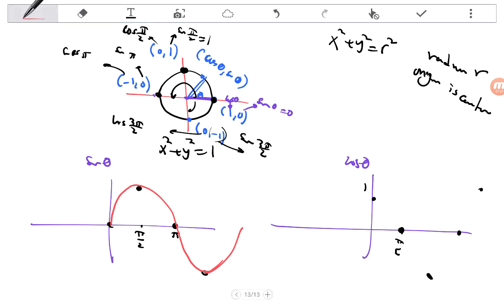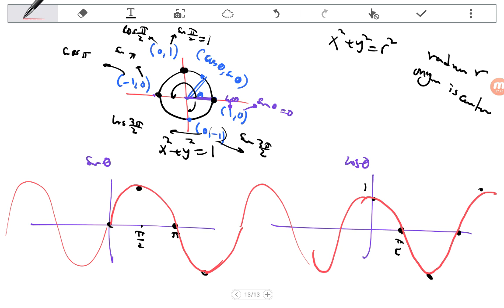If you just continue on your path, you will just repeat the whole thing again. So for the cosine, it will be like this, and so on. Okay, so this is the cosine and this is the sine.